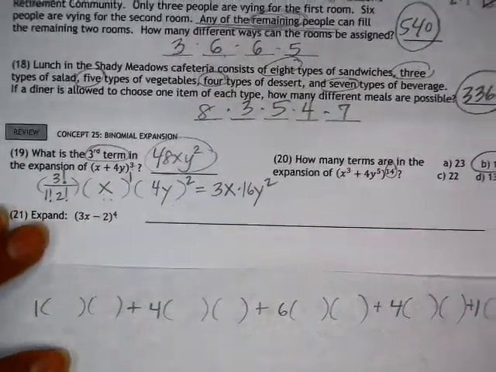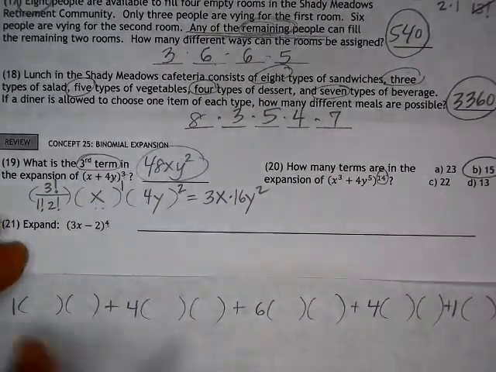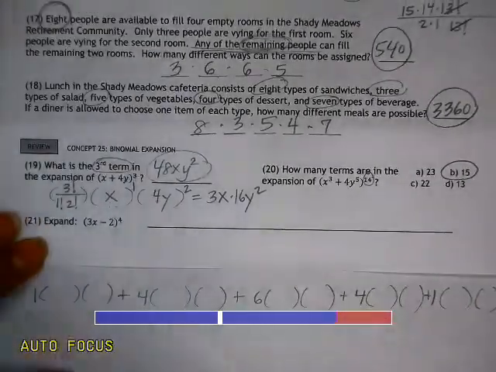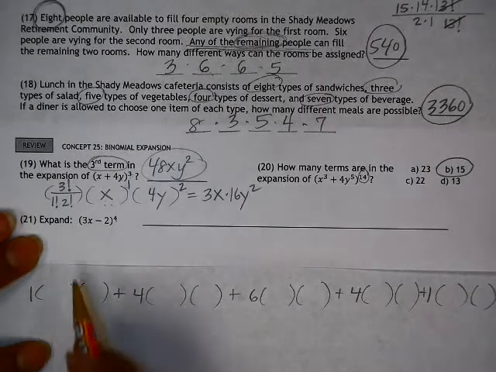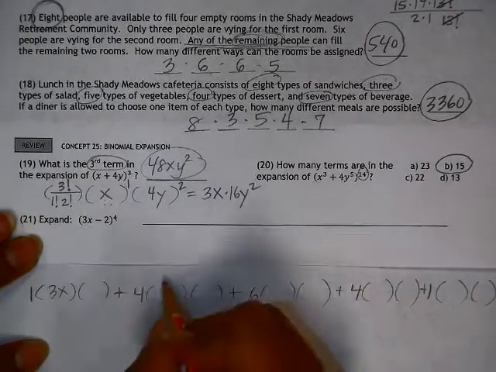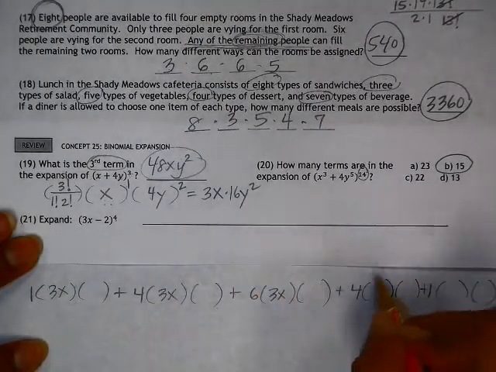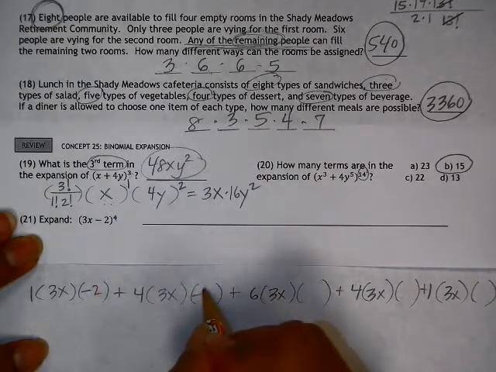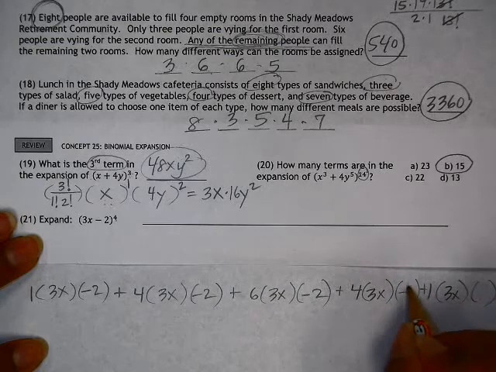All right, so if we set it up like that, we have our coefficients 1, 4, 6, 4, and 1, and we have parentheses here for each of the terms. The 3x, the first term, is going to go in all of these parentheses. And the second term, the negative 2, is going to go in all of these parentheses.